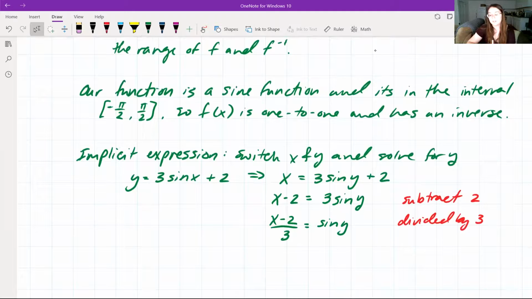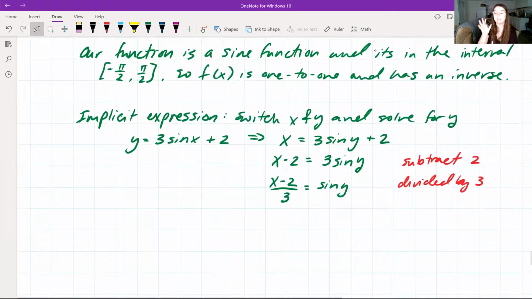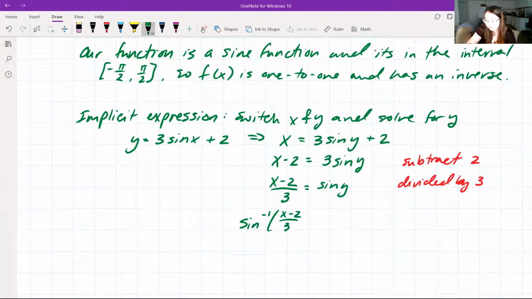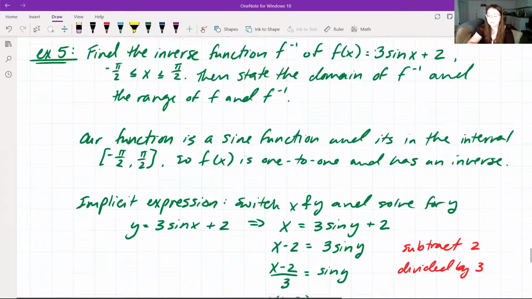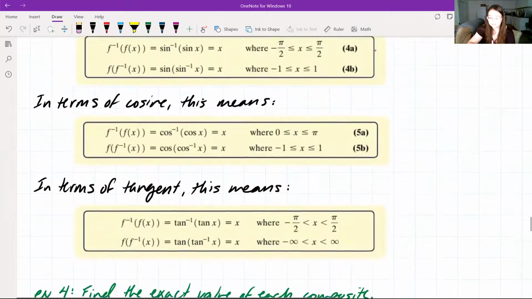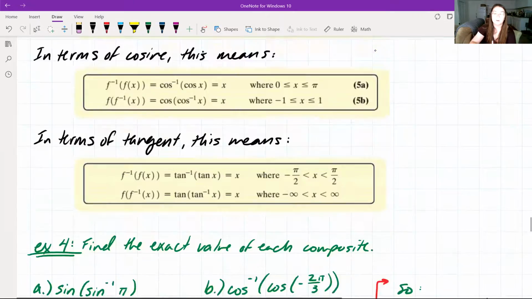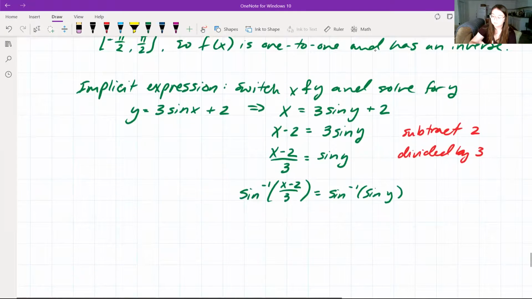So now we have this expression sine of y is equal to x minus 2 over 3. But remember, we were solving for y, so we're going to take the sine inverse of both sides. And this will give us sine inverse of x minus 2 over 3 is equal to sine inverse of sine of y, which, using our identities up here, we know is just going to equal y.